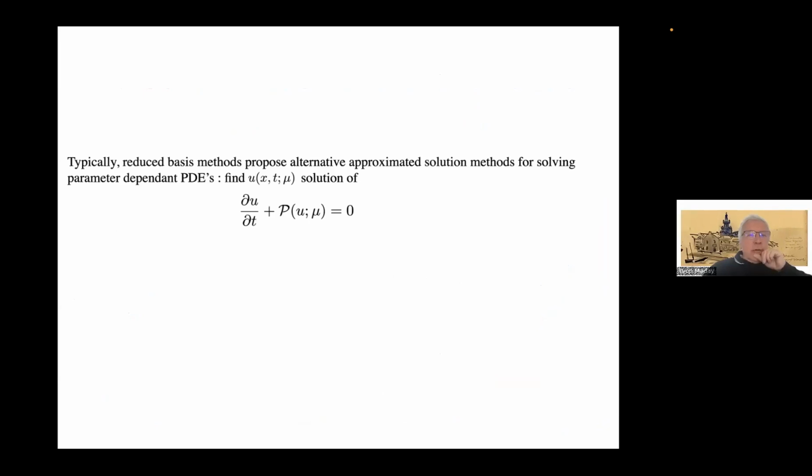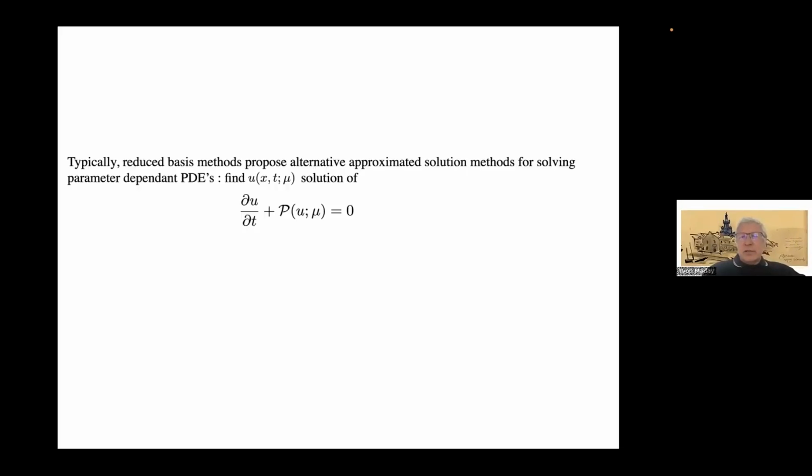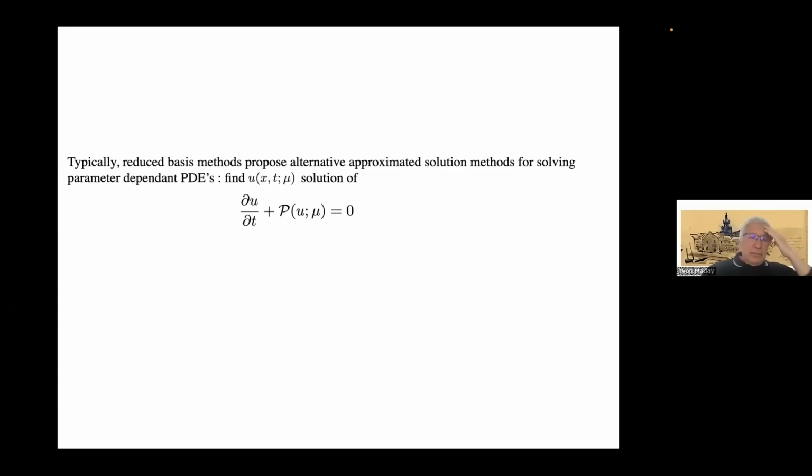So let me remind you just a first presentation that you already know everything about reduced basis method, I guess. So typically reduced basis method proposes an alternative approximated solution method for solving parameter-dependent differential equation, where the idea is to find a function u depending on a parameter mu, solution of a problem that can be time dependent and that I have written rapidly like this, okay?